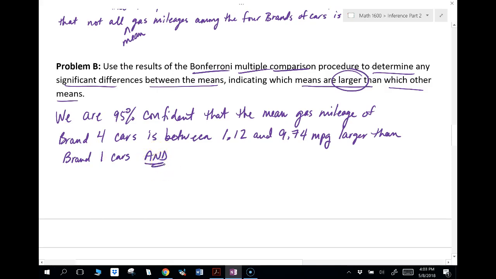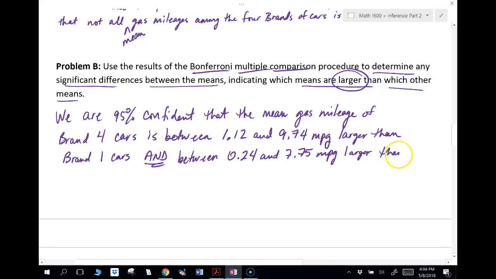Now, if there was a different brand that was greater than something else, I would go here and say the different brand. But since brand 4 is going to be greater than both brand 1 and brand 3, I'm going to just say and between 0.24 and 7.75 miles per gallon larger than brand 3 cars.